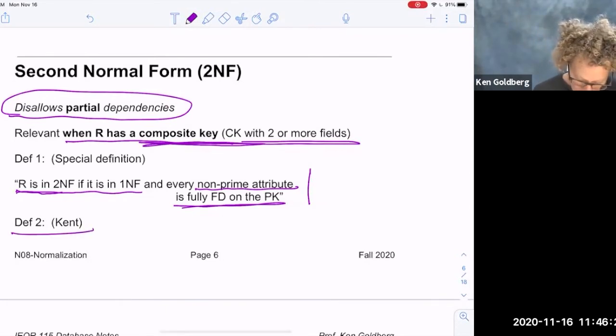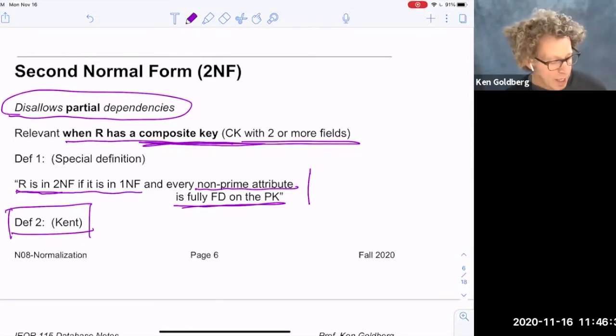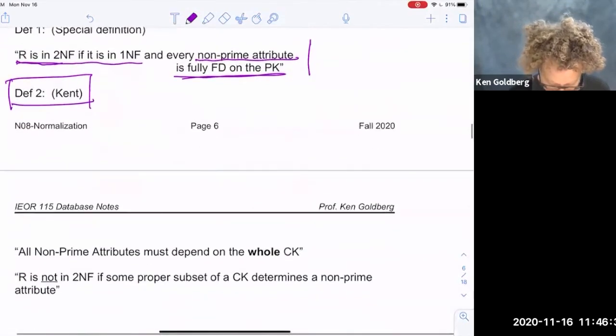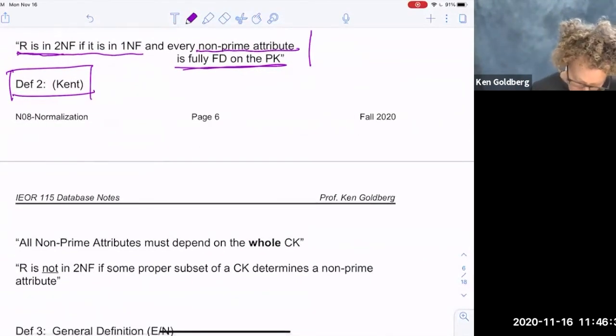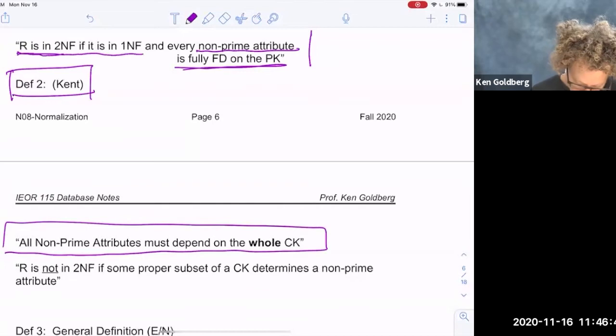Now, Kent, who I mentioned briefly at the very beginning, wrote an article many years ago, and I really like his definition. He says that all non-prime attributes must depend on the whole candidate key.